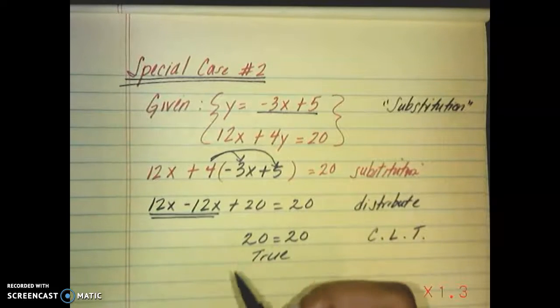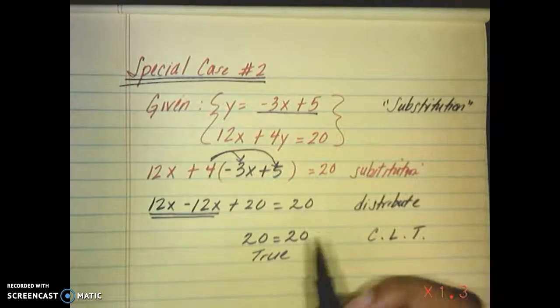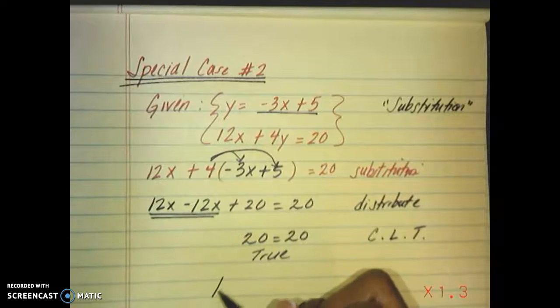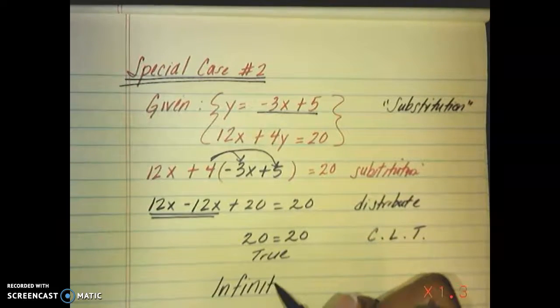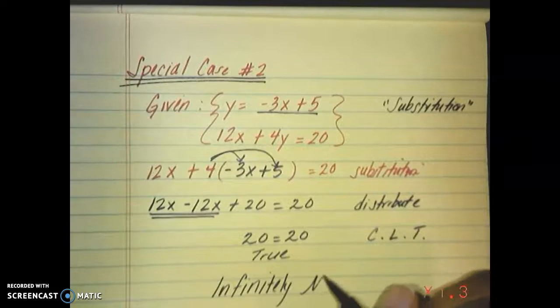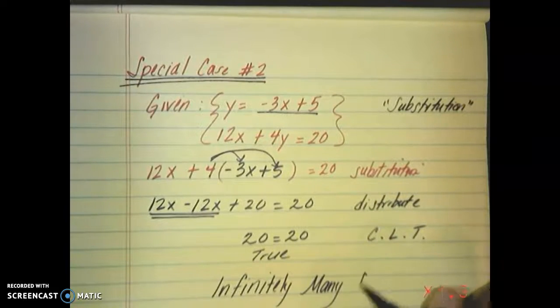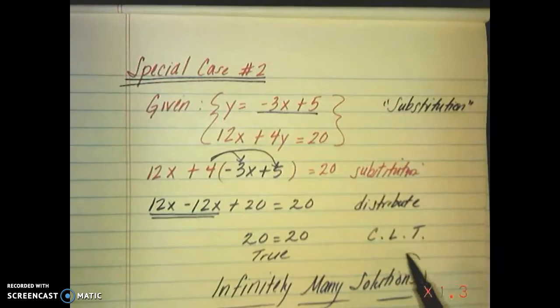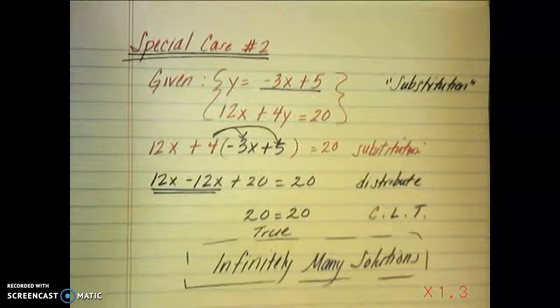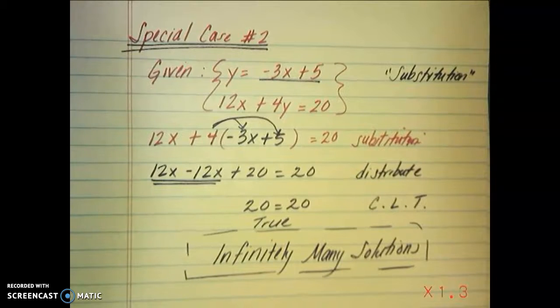This is true, and what happens along that line is that you have infinitely many solutions. And y'all know I'm a terrible speller, so I had to pause while I wrote the word infinitely. So that's an example of your special cases.